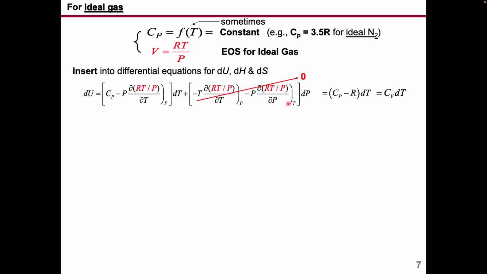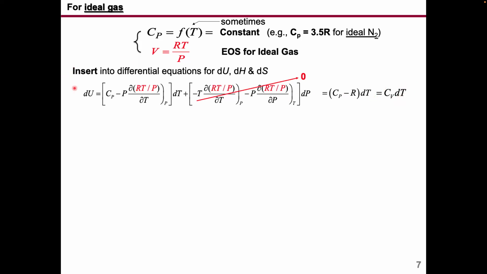And then basically here, this term and this term will cancel. So in the end, dU is equal to Cv dT. That's why in lecture 1 or 2, we mentioned that for an ideal gas, internal energy only depends on temperature.